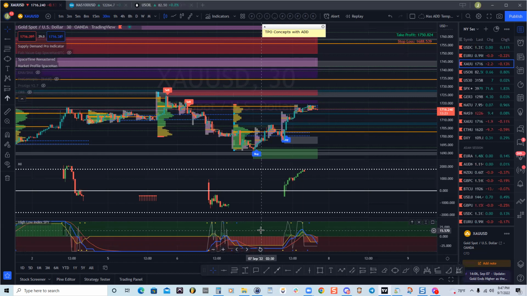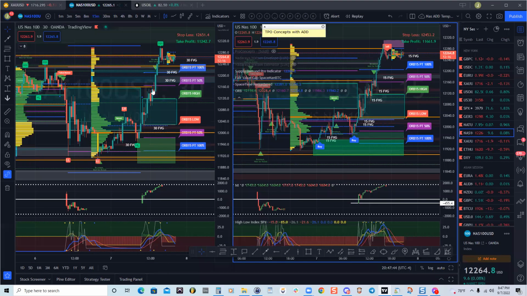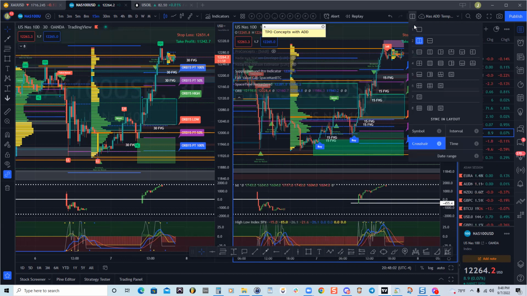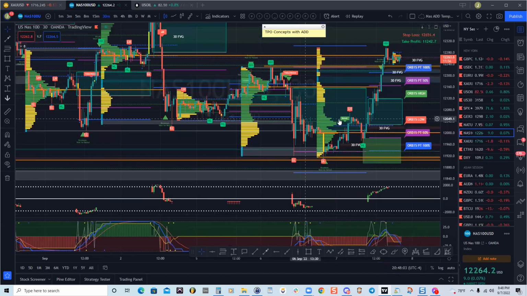What was nice about it was that it hit that level twice. That should have been my key to get in. I saw it going up and I was like, damn. But I didn't get into it. I think there'll be some trades on Thursday and Friday. But this was the perfect example, where it hit twice. Win some, we lose some.